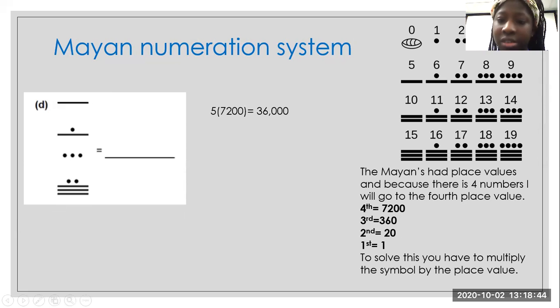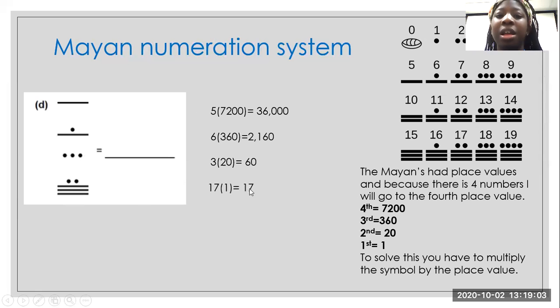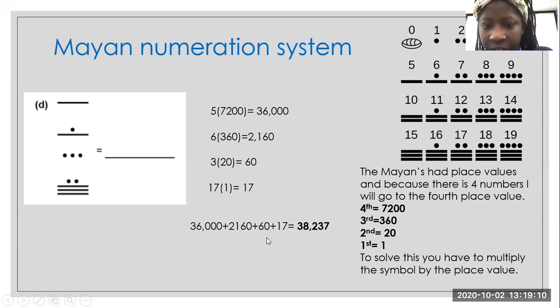Next is 6 times 360, and that'll give us 2,160. Now we have 3 times 20, which will give us 60. Now we have 17 times 1. 17 times 1 is 17. And of course, you add all these together, and it will give us our total of 38,237.